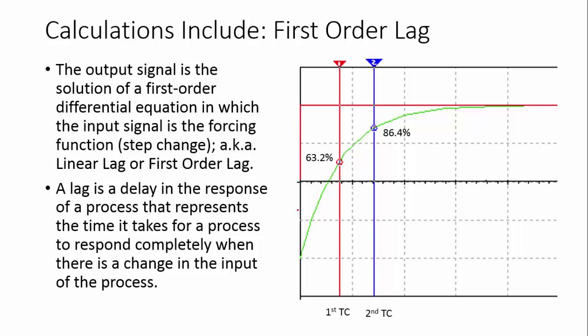Another calculation that's often used, quite a bit, is first order lag. You read about first order lag, I believe, back in Unit 8 of your textbook. The first order lag basically states that when the input of a process is subjected to a step change, the output begins to respond either at time 0 or at the time that the step occurred. The graph on this slide depicts a first order lag.